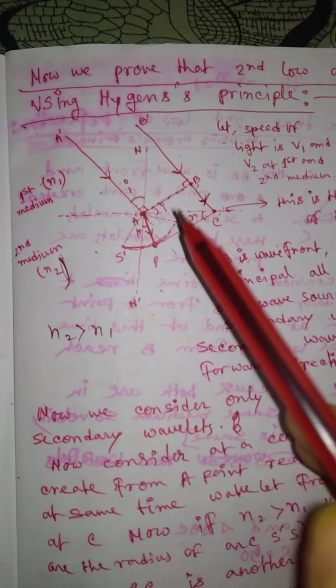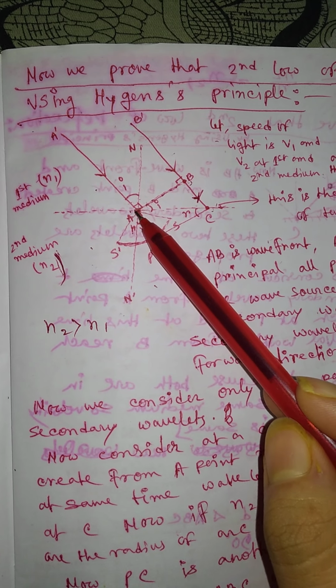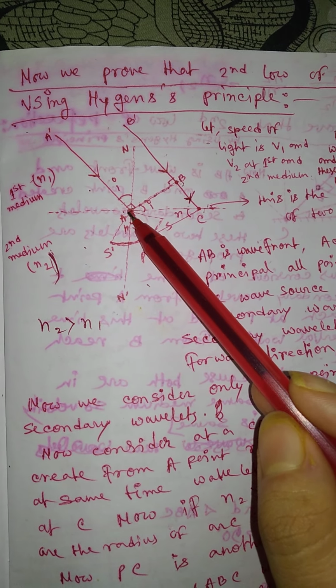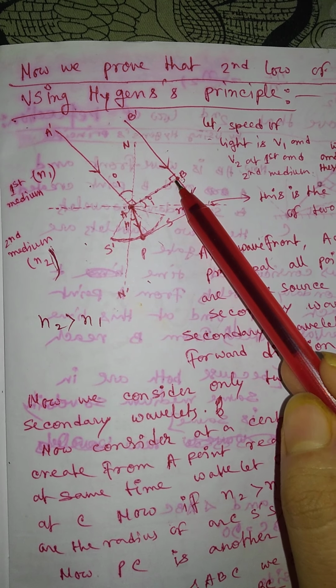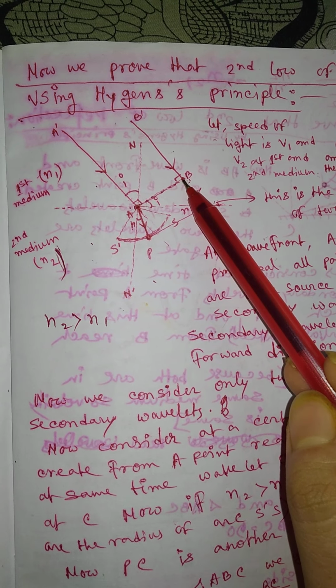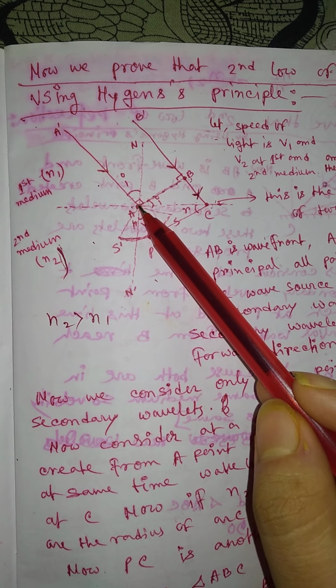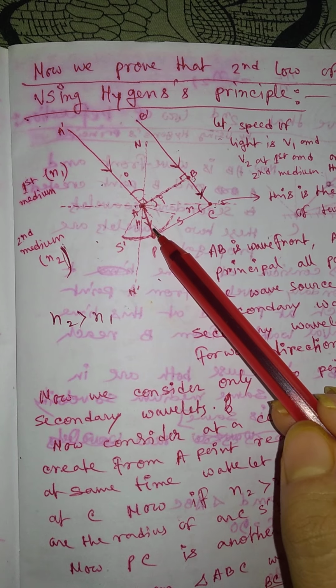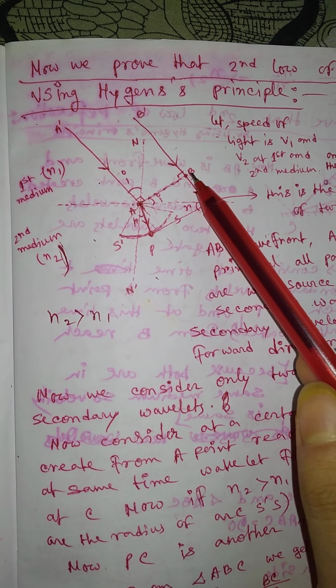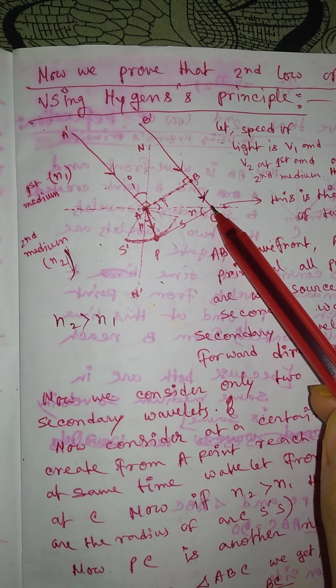That means we can say that the A point is a light source, and also the B point is behaving like a light source. That means light generated from the A point moves along this direction, and light generated from the B point moves along this direction, right?